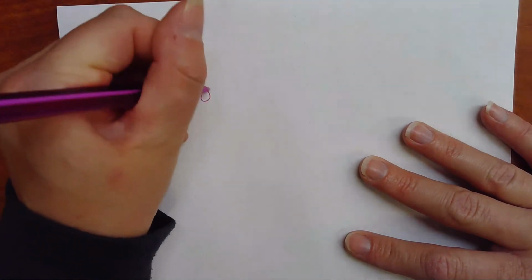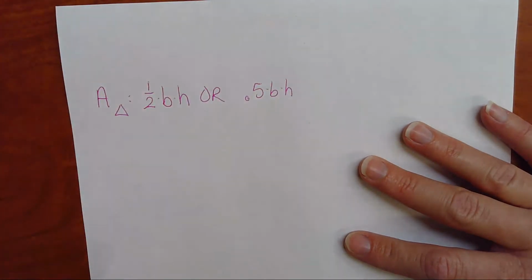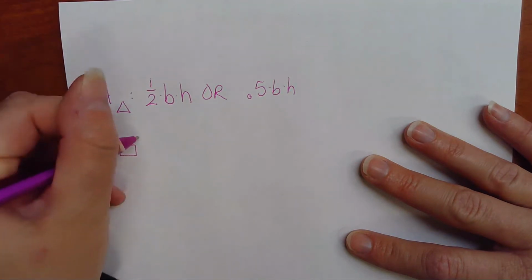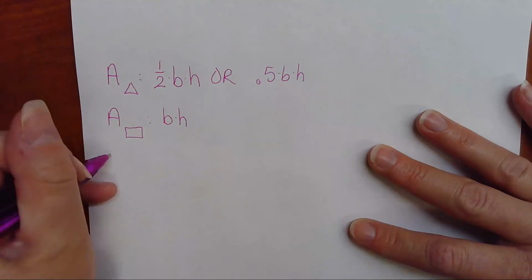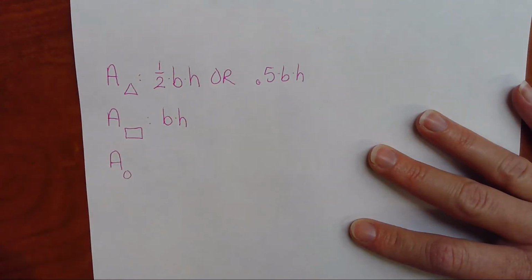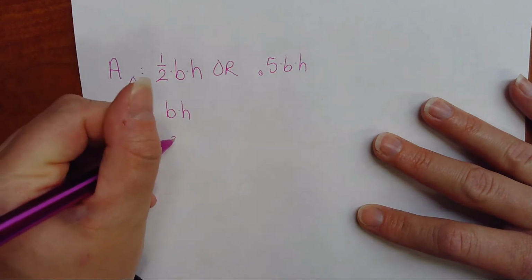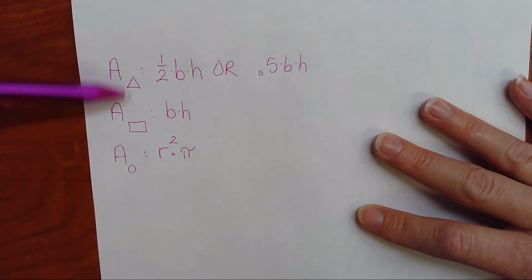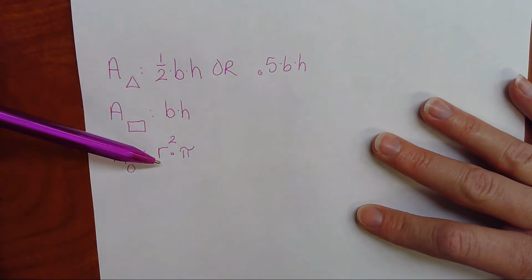The area of a rectangle is base times height. And the last is a circle: take the radius, square it, and then multiply by pi. These are the 3 formulas that you're going to need to know for today.